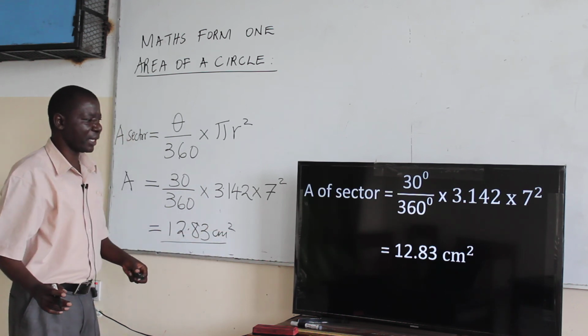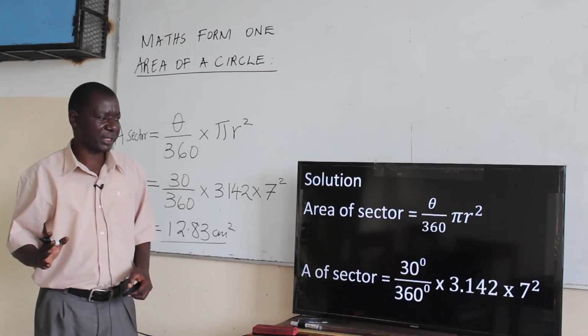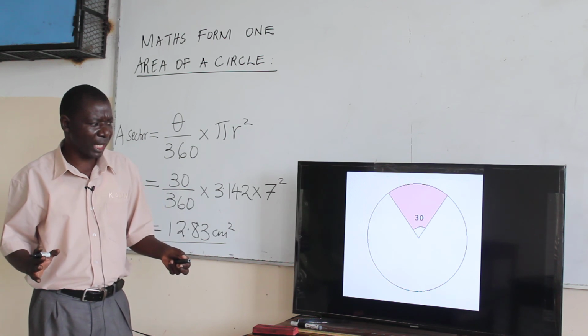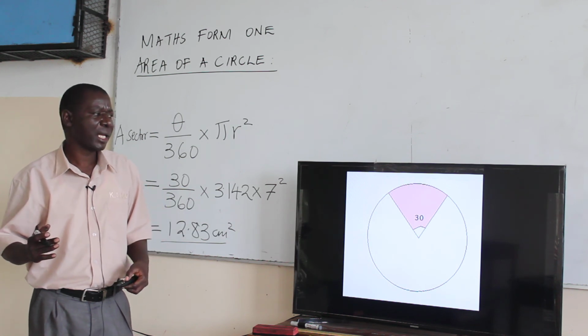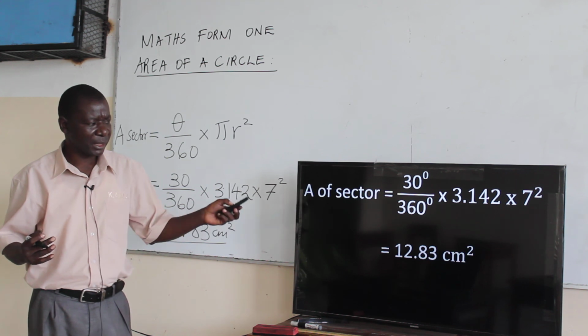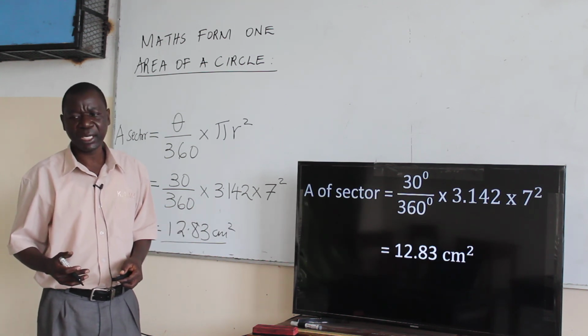This is the area of that small section of the circle, and that small section of the circle is the minor sector. So the minor sector is given by 12.83 centimeters squared. By using that same formula, you can calculate even the area of the major sector.